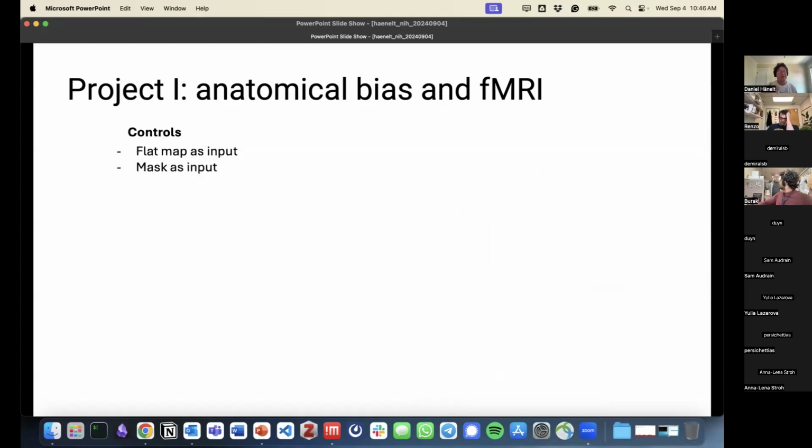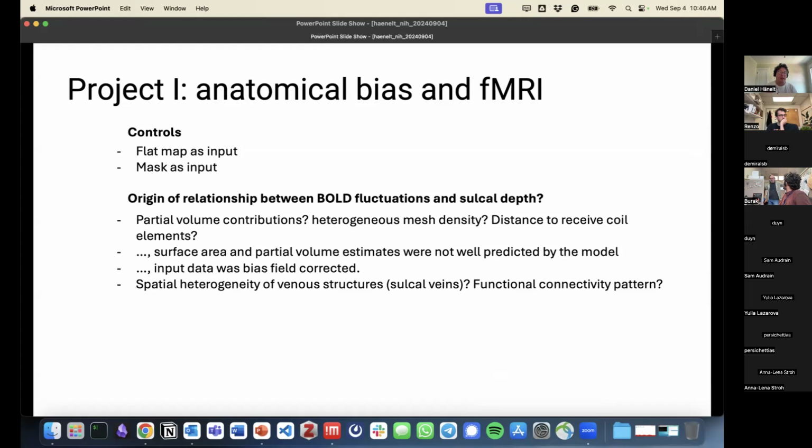So I will also include some control analysis, which I didn't have time for now, where, for example, I input just a flat map, or input the non-cortical areas to see that this is not driving the inference. One of the open questions is what's the driver of the ability to predict sulcal depth from fMRI data.